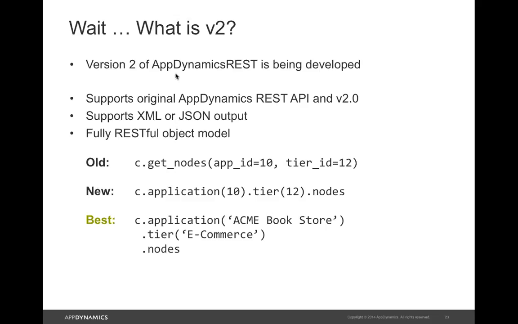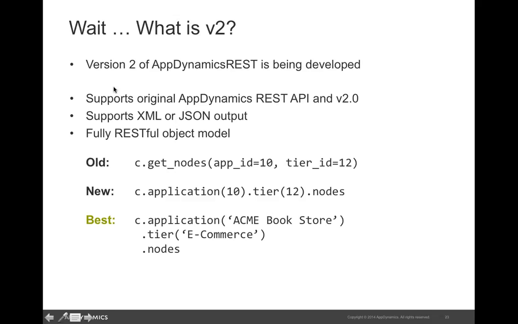It's close to release. What happened is I started rewriting the SDK from scratch. When we built our REST API 2.0, which was a much more modern and RESTful interface, so there's get and put and delete on many different types of resources, I thought we really needed an SDK that mirrored that.